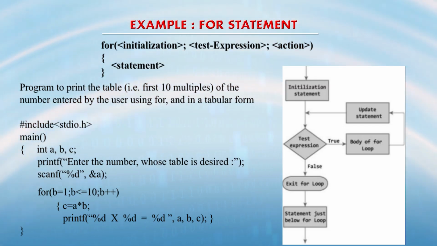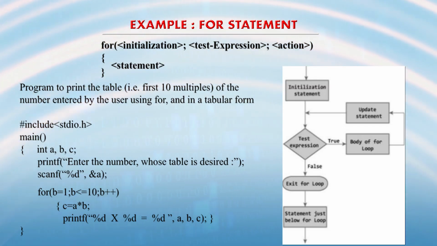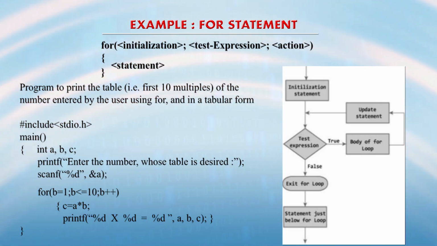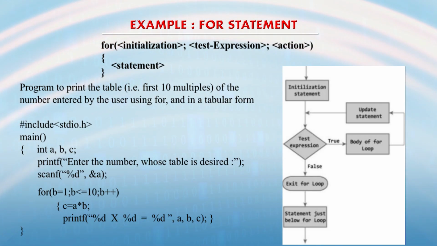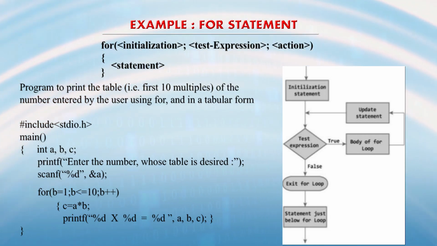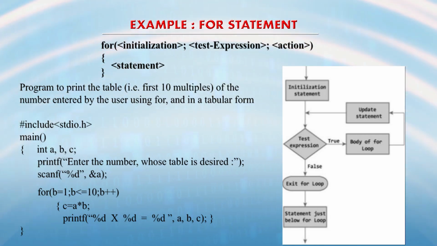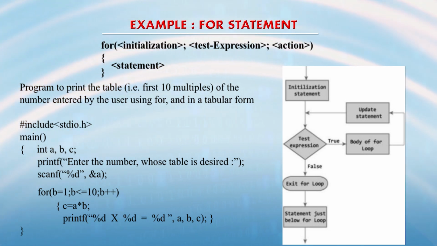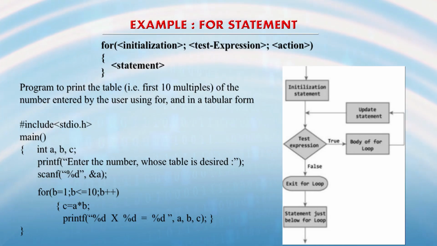So, the variable b is initialized to 1, and it is checked whether it is less than or equal to 10 or not. If so, the variable value is incremented by a step of 1. Now, the execution happens in the for loop, that is c = a * b.